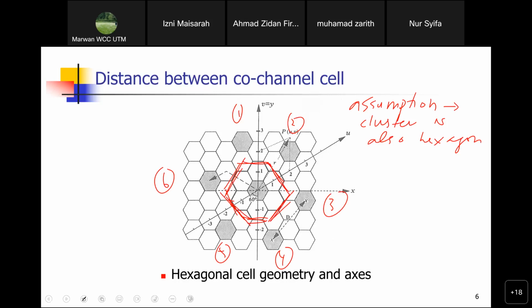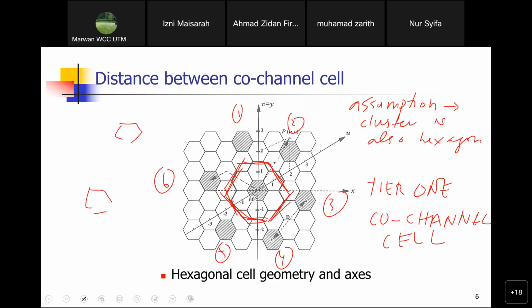This is what we call tier 1 co-channel cells. Of course, there will be more in tier 2 around it. But if you consider tier 2, this is like the Fresnel zone.